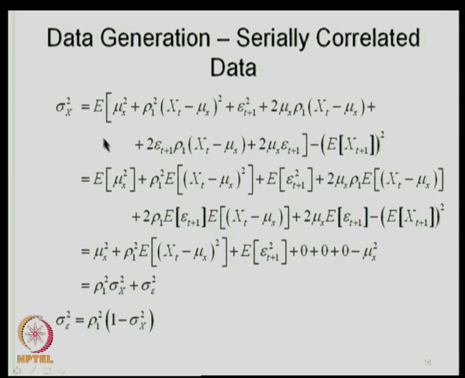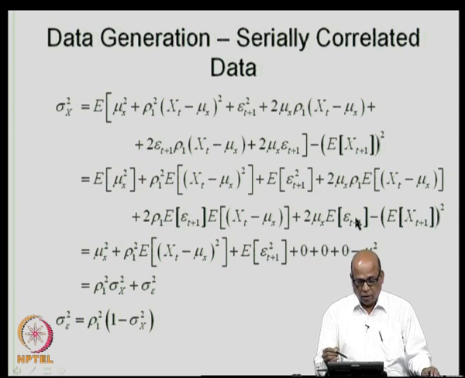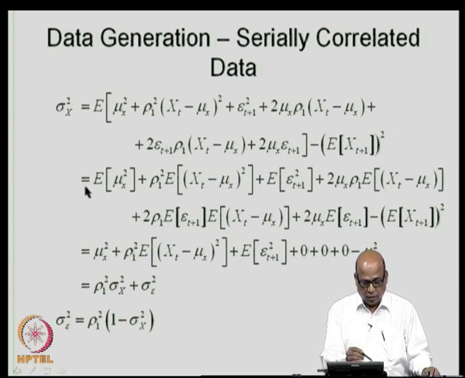If we simplify this, we have used the fact that expected value of epsilon t plus 1 is 0, and we have used the fact that expected value of x t plus 1 is equal to mu x itself. So, when we simplify this, you get sigma x square is equal to rho 1 square sigma x square plus sigma e square. All of this simplification has been given here.